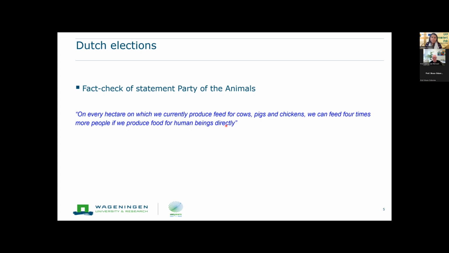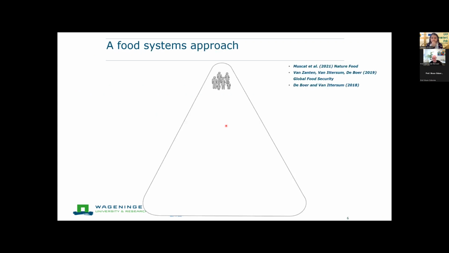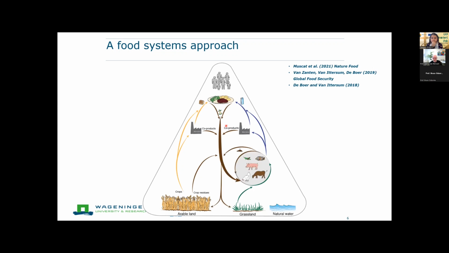Now, it's not as simple as it looks, perhaps, at first hand, because there are these many interactions that I just explained within the food system. So we really need to take a food system's perspective: producing the biomass, the livestock in the system, and how that basically benefits from biomass or from byproducts, the consumption of products by human beings, the processing in all kinds of factories of our biomass products to make it suitable for either human consumption or to use byproducts for the livestock sector.